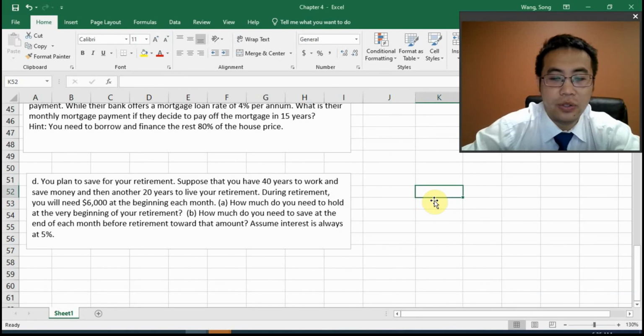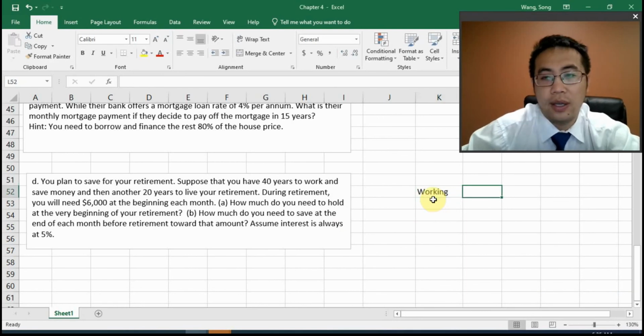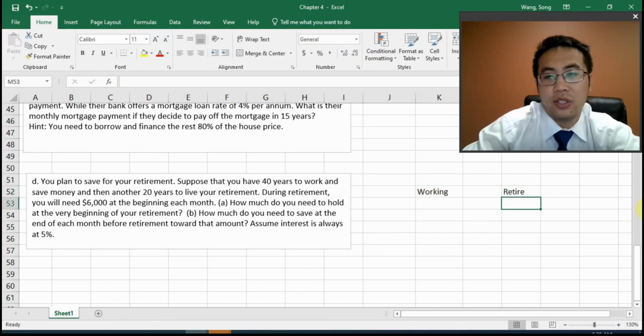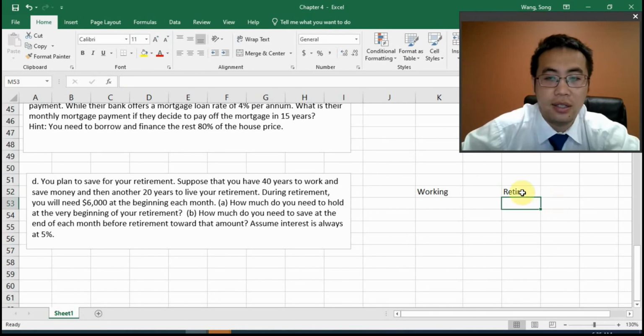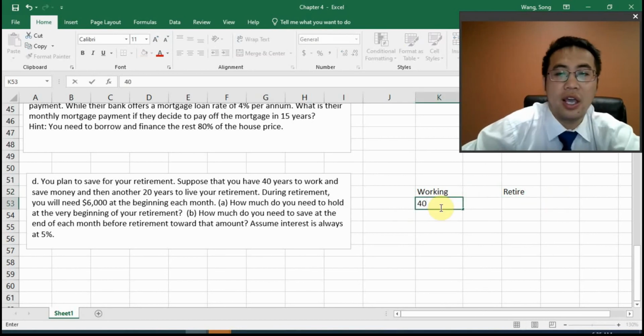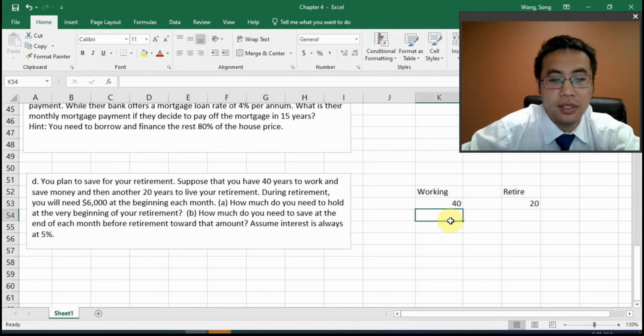So you have a two stage. The first stage is a working stage where you get paid and save. And the second stage is a retirement stage where you just receive the pension and spend the money. The working stage lasts for 40 years and the retirement stage lasts for 20 years. The interest rate is always 5%.